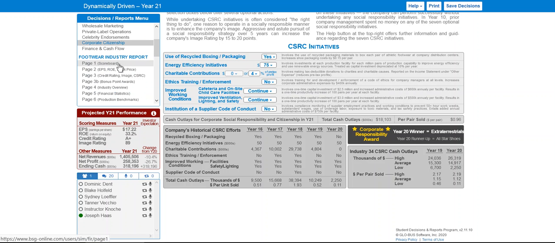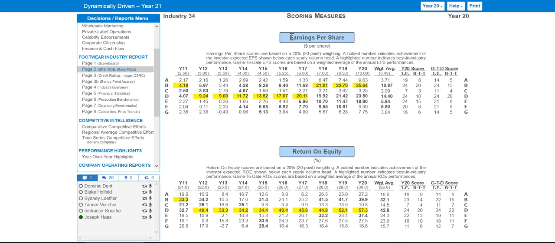But that strategy really didn't work for them, because as you can see, earnings per share and return on equity are based on some type of weighted average annually. Now, I couldn't find what kind of weight they used. Obviously, it was definitely weighted more towards the end, as you can see that their weighted average for Team B was only 4 points behind us.